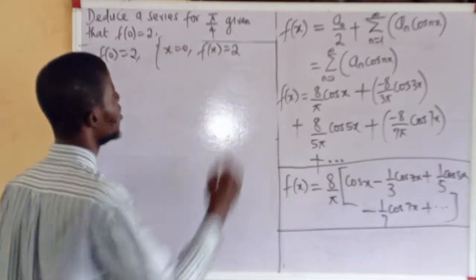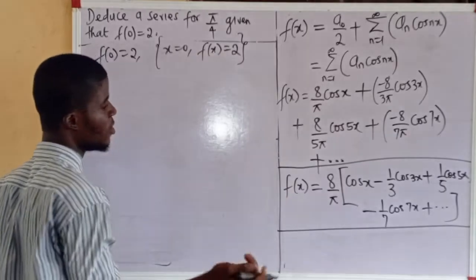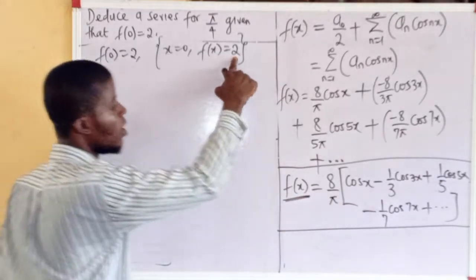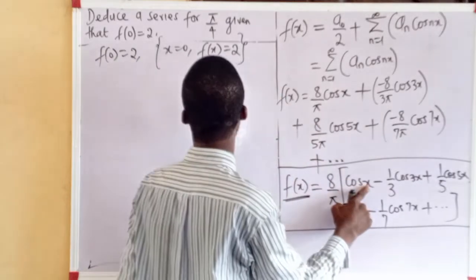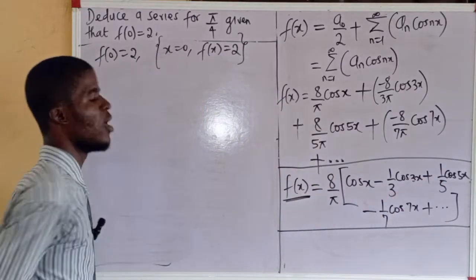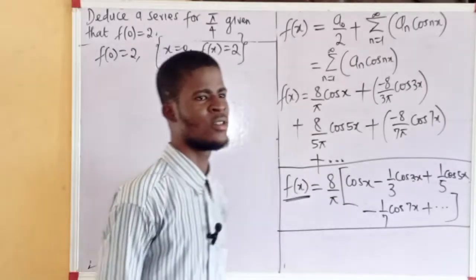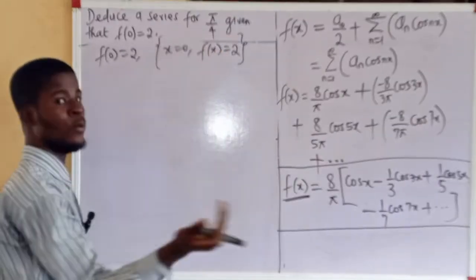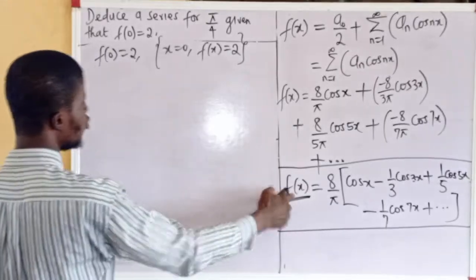So what we are going to do simply is, in place of f of x here, we write 2, and in place of x here, we put 0. And then possibly we are going to see pi over 4 come out. So let's go.